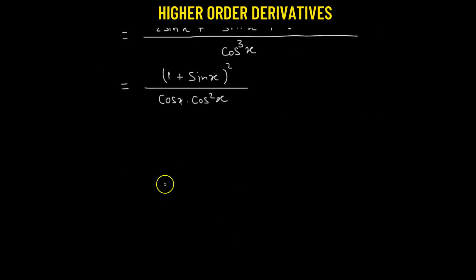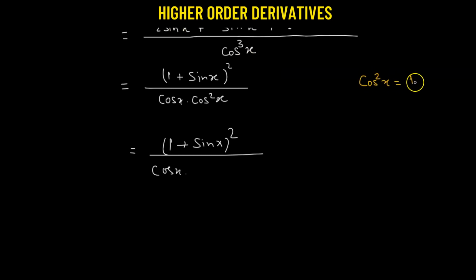Right. So that will give us 1 plus sine x whole squared divided by cosine of x times cosine squared x. So in place of cosine squared x, we can rewrite it as 1 minus sine squared x. Here we've used the fact that cosine squared x plus sine squared x is always equal to 1.